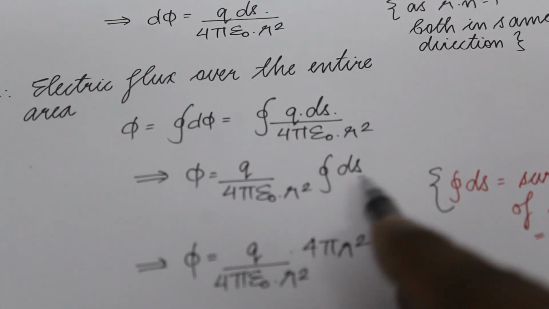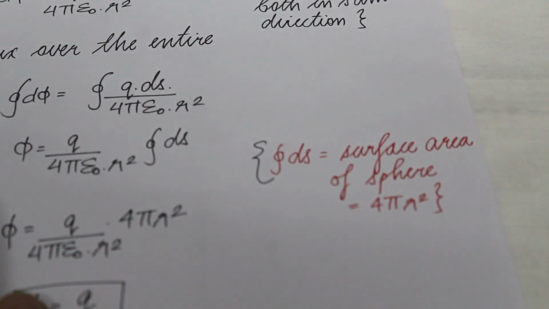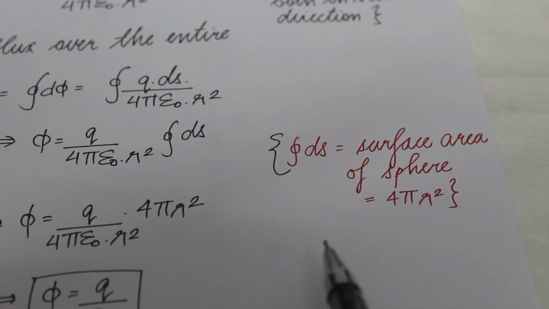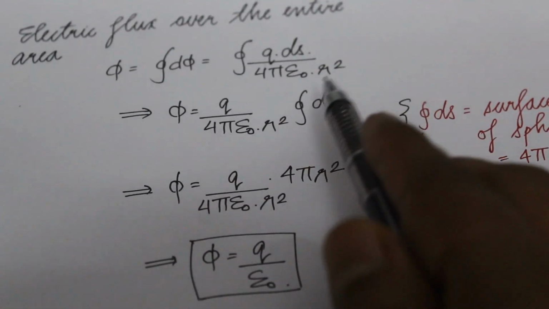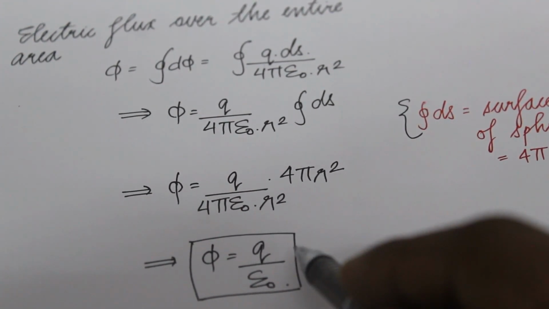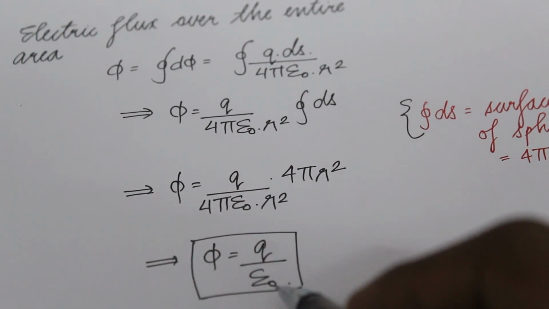And integration of ds means the complete surface area of the sphere, which is equal to 4 pi r square. So integration of ds will be equal to 4 pi r square, and on solving I'll get phi is equal to q upon epsilon naught. This is the formula of Gauss theorem.